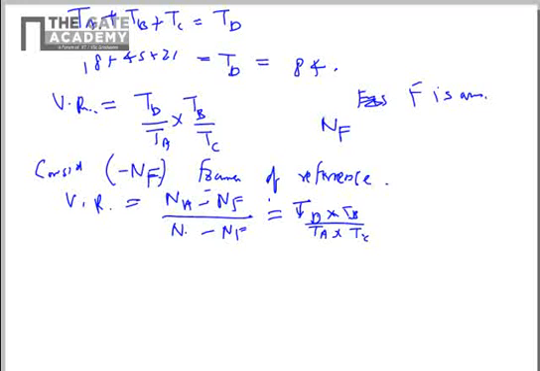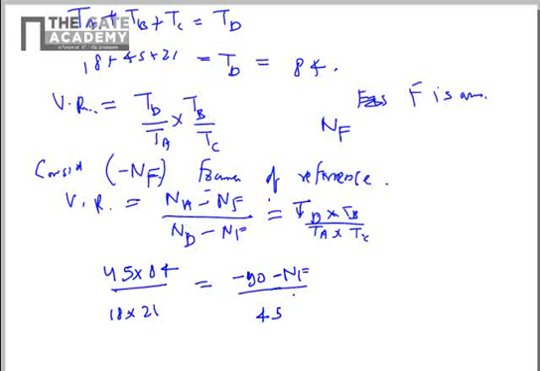If you substitute the values, you will get 45 into 84, that is TD into TB, divided by 18 into 21, equal to NA, that is minus 90 minus NF, divided by 450, that is ND minus NF.